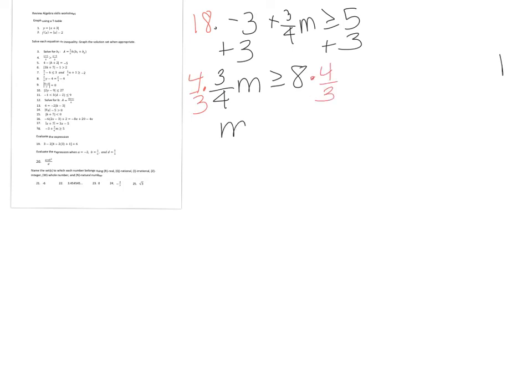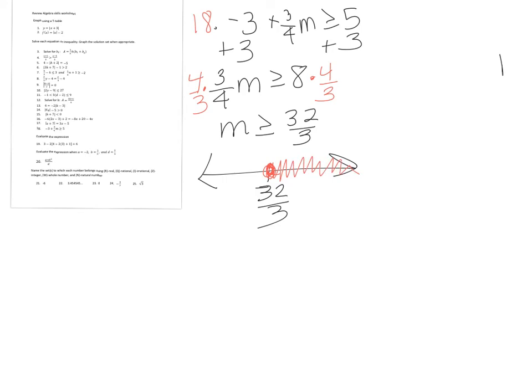And m is greater than or equal to 32/3, and put that on a number line. 32 over 3, closed circle, greater than.